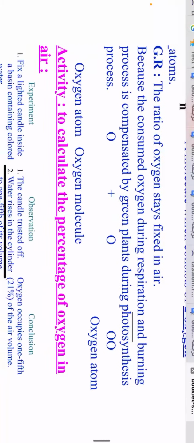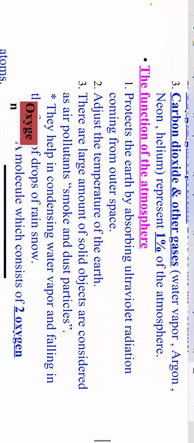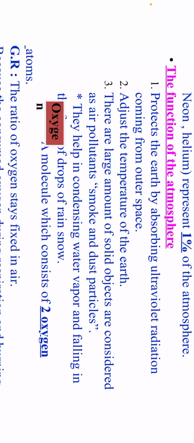Green plants, by photosynthesis, take carbon dioxide, sunlight, and water, and produce oxygen and nutrients.